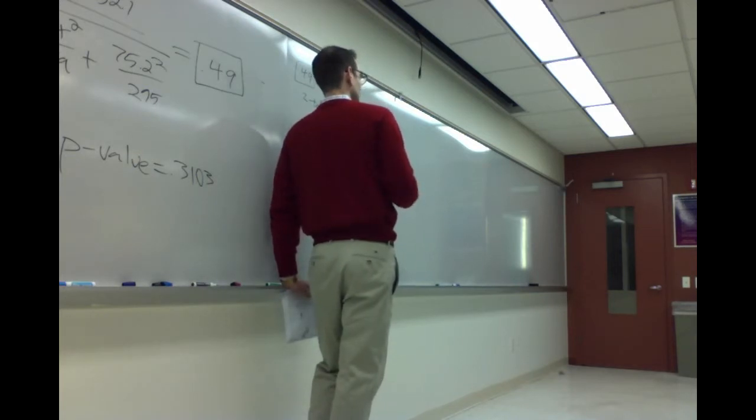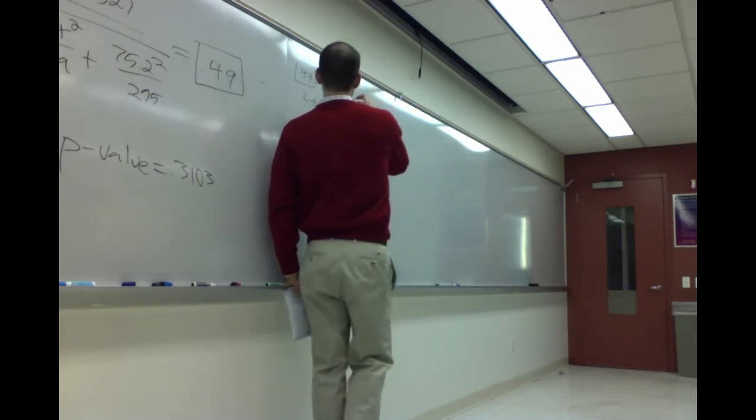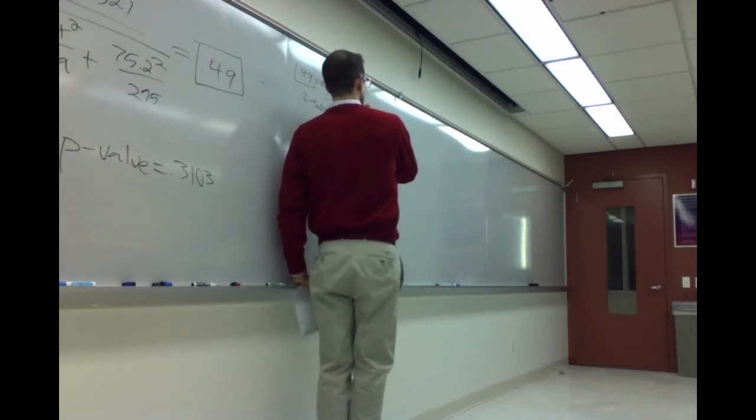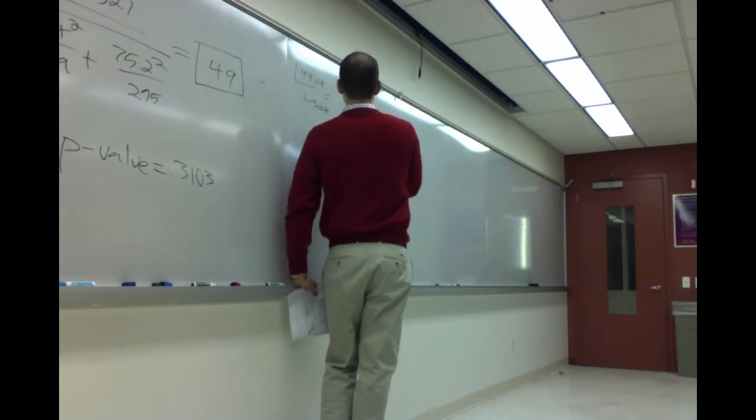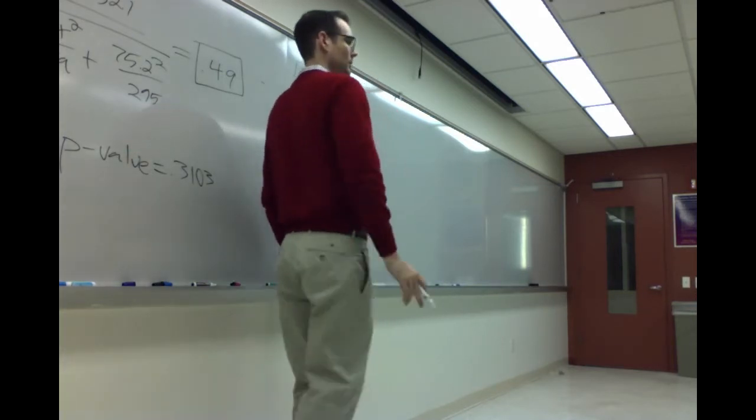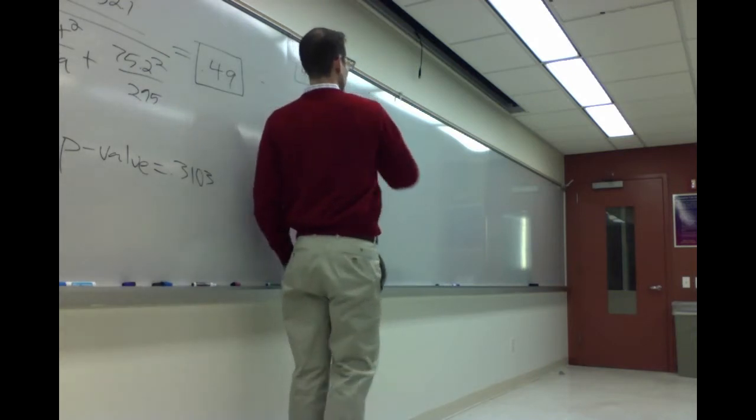On the Z table? Yes. .6879. 0.6879. Okay, is that our p-value? Yeah, how do we get from that to our p-value?